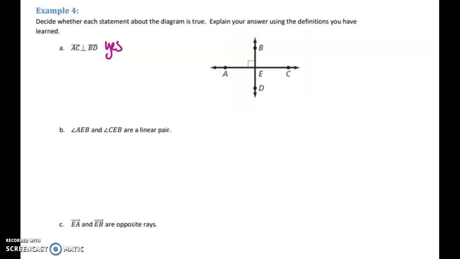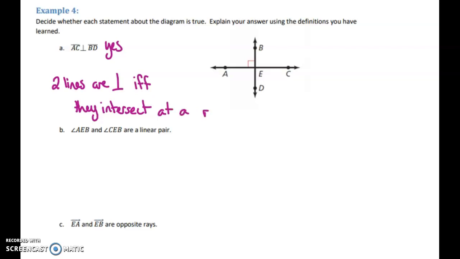So our reasoning is two lines are perpendicular, I'm going to use the perpendicular symbol too, if and only if, remember that was the abbreviation we were trying to use. So two lines are perpendicular if and only if they intersect at a right angle. So I said yes or no, and I explained using a definition.